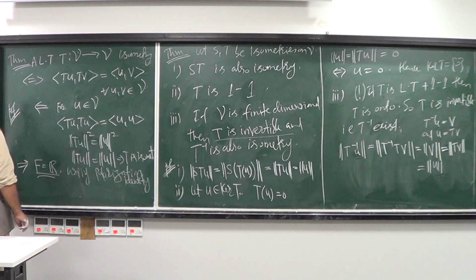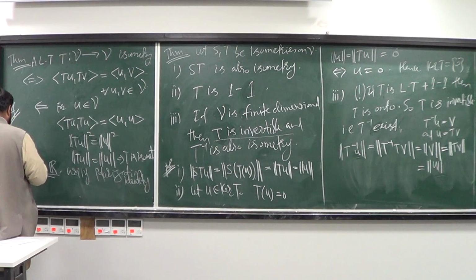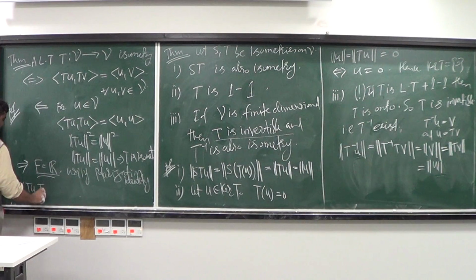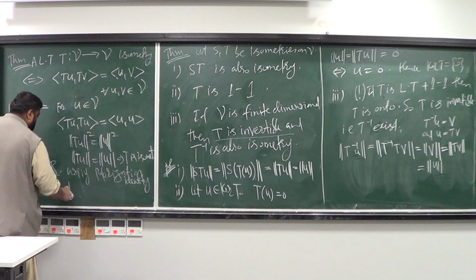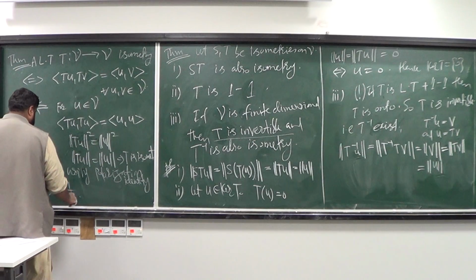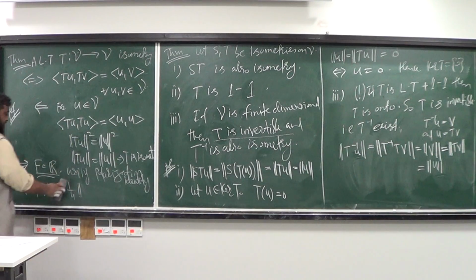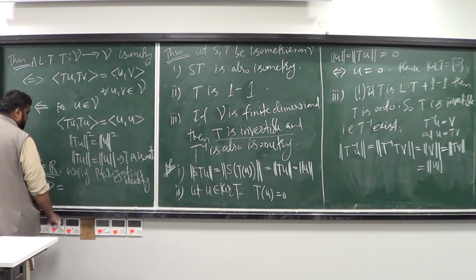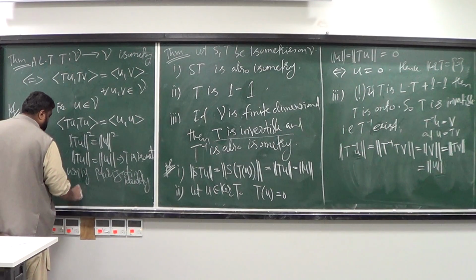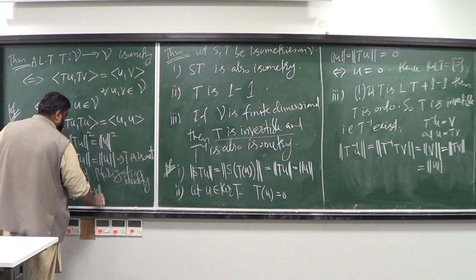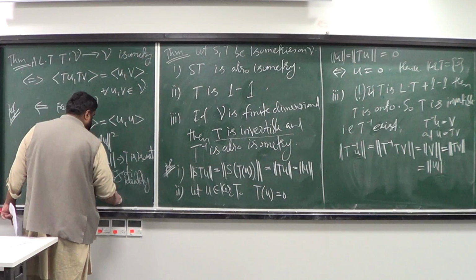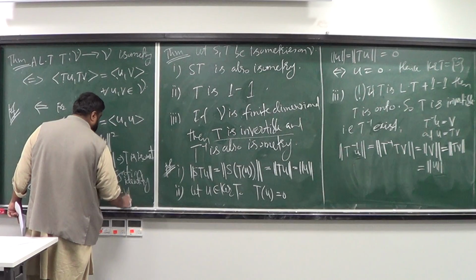So what is the polarization identity? The polarization identity tells you that the real inner product of u and v is equal to 1/4 times the norm of u plus v squared minus the norm of u minus v squared.